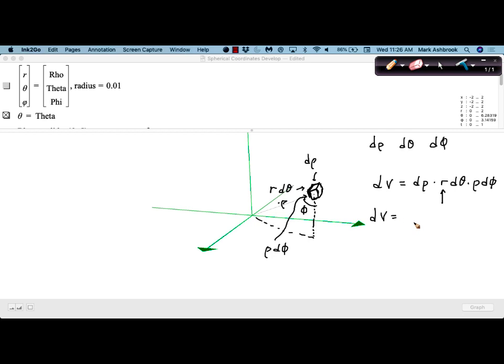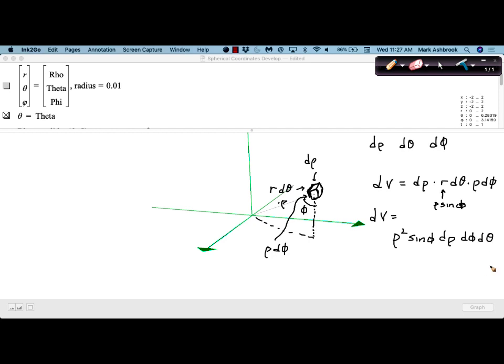Rho sine theta, or rho sine phi? Which is it? Rho sine phi. Therefore, what is dv? We've got a rho from the rho d phi dimension, and a rho from the r, and then sine phi. So dv is rho squared sine phi d rho d phi d theta.